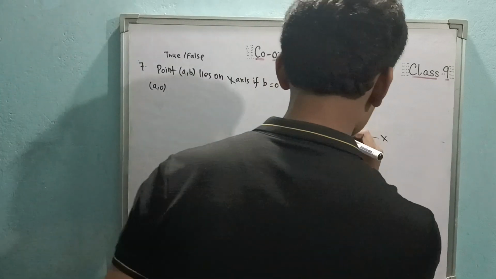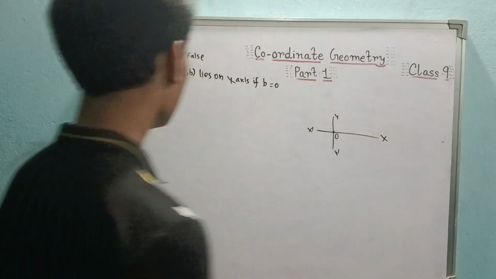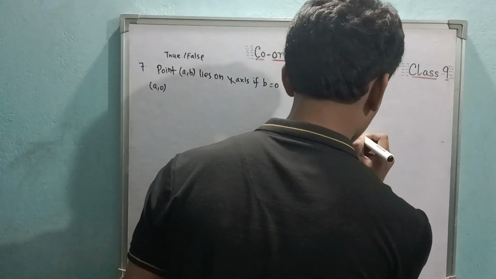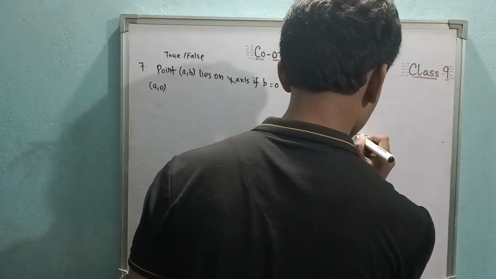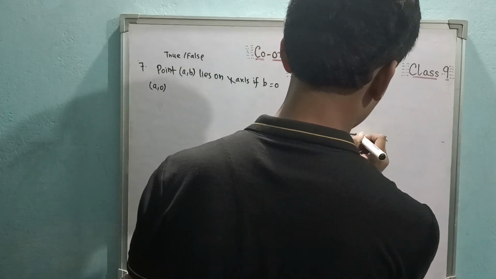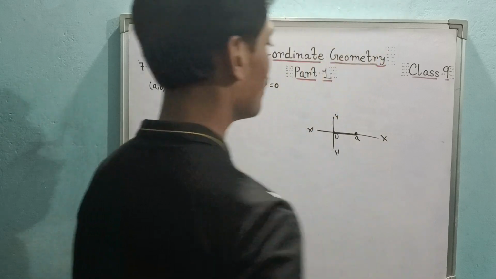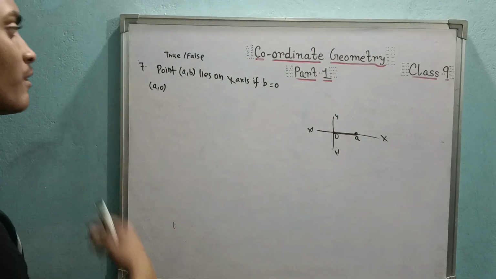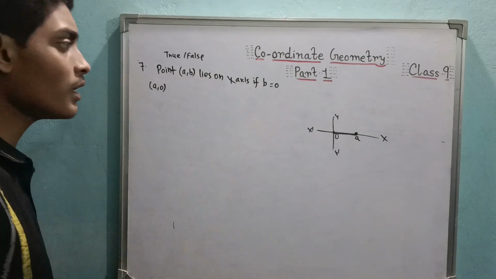So on y-axis it is up to 0 units, and on x-axis it is up to a units. So suppose point A is here. So this point is lying here, right? So that means the point is lying on the x-axis.